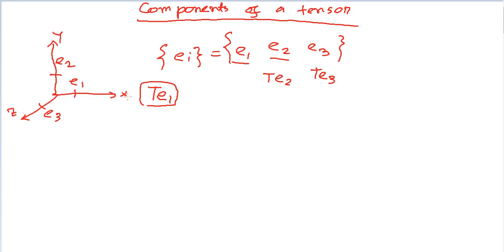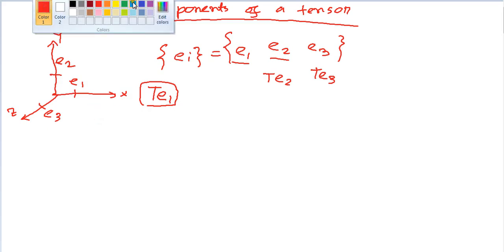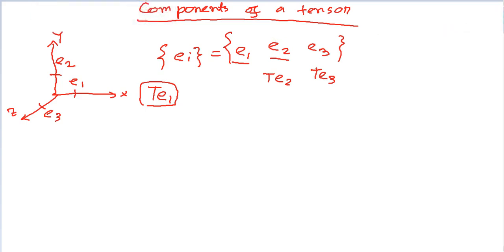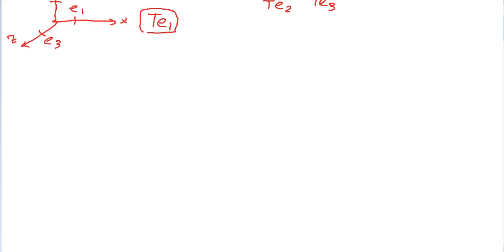So how can we write this? We can write here T e1 equal to T11 e1 plus T21 e2 plus T31 e3, right?